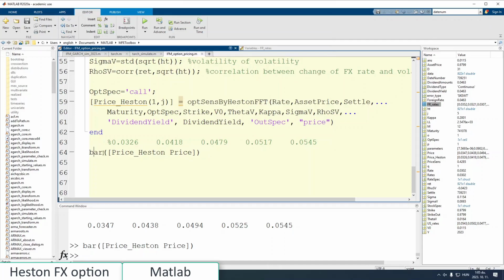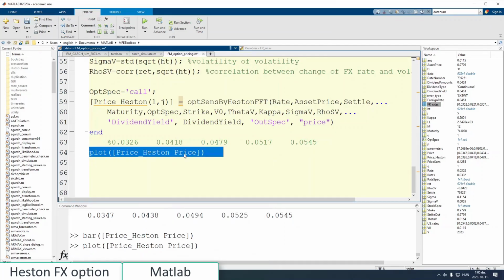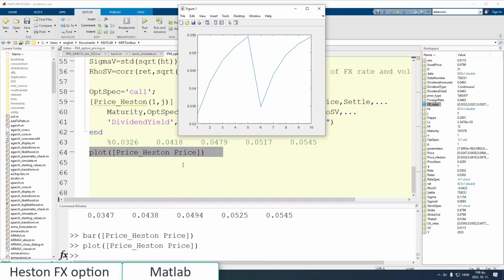Okay, maybe it's not a bar, it will be a plot. So somehow Garman Kohlhagen is more expensive than the other. So this one is also steeper.